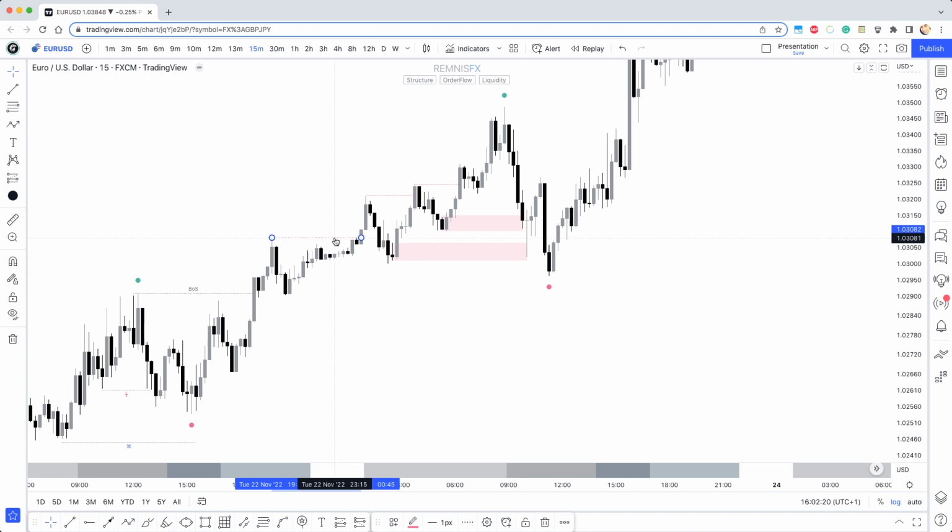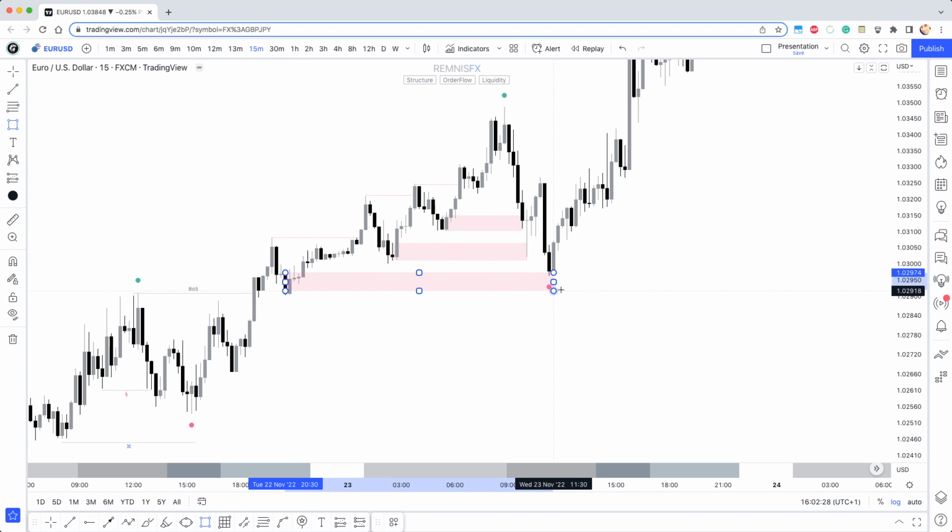Because this is not a break of structure, okay? And here, this one is actually a point of interest, right? So let's study that also. But these ones definitely are smart money traps, right?